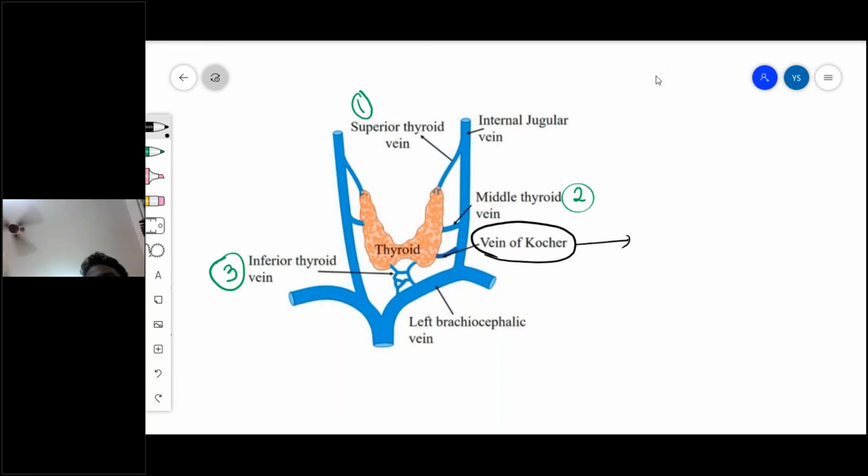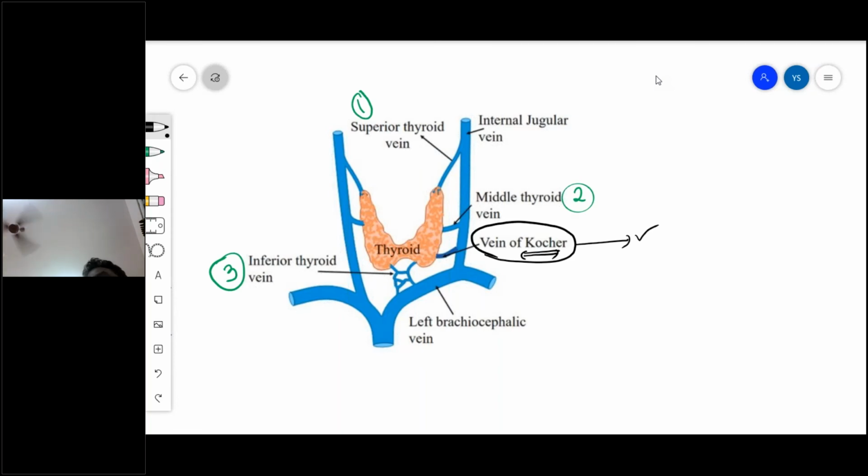Yes. Okay. So the vein I'm showing you with black color, that vein is Kocher's vein. If you go clinically, surgeons will ask about this vein. This vein is sometimes present, a very, very important clinical vein. This vein is called Kocher's vein. Highlight this one, because if you want to do thyroid surgery, we should ligate all the veins. So usually we expect those 3 veins, and occasionally a 4th vein is also present.